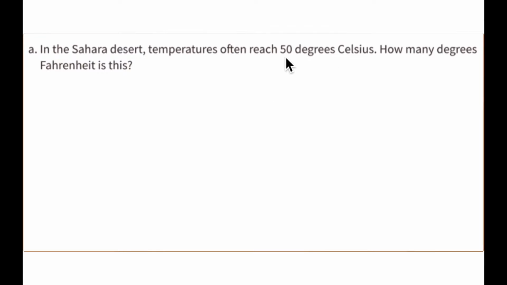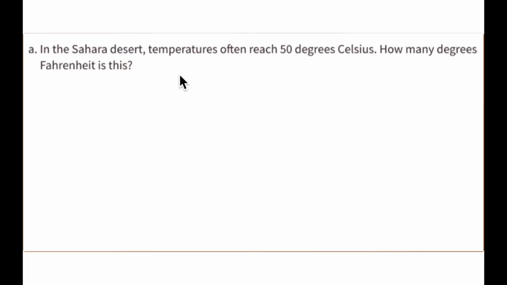So if you're starting out with 50 degrees, you're going to multiply this 50 degrees by 9/5, because a degree Fahrenheit is 9/5 times that, or 9/5 larger. Well, 9/5 times 50, 50 divided by 5 is 10, and 9 times 10 is 90. And then you're going to add 32 degrees to that 90, and your answer will be 122 degrees Fahrenheit.